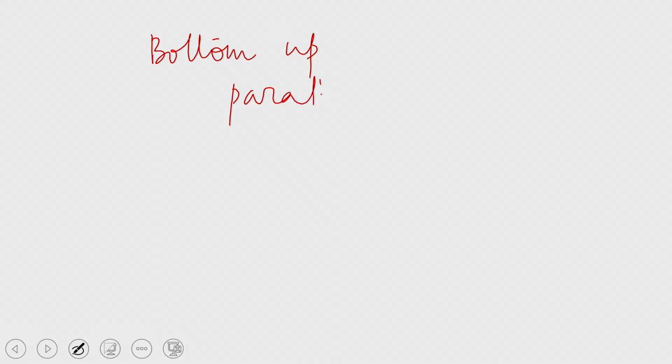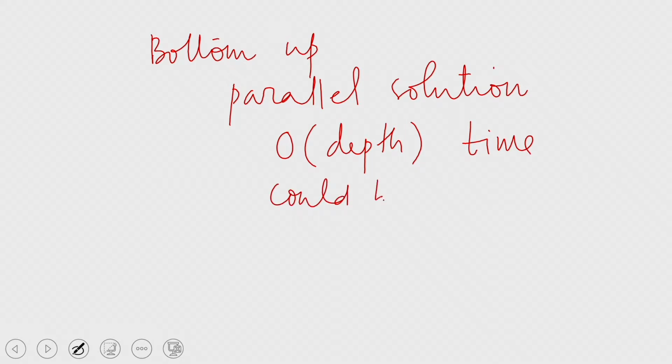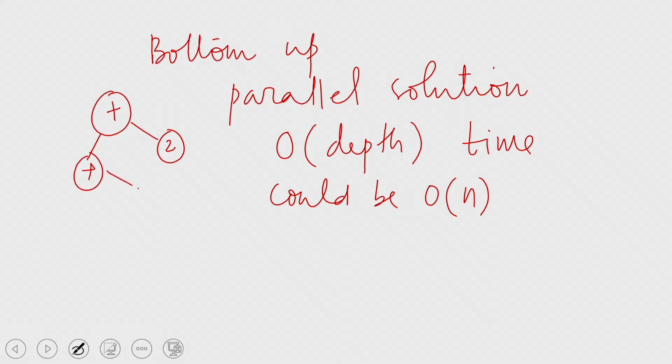But in parallel, if you go bottom up, the algorithm is going to take time that is of the order of the depth of the tree, which could be order of n if the tree happens to be very skewed. For example, if you have a tree of this form, we have a skewed tree.